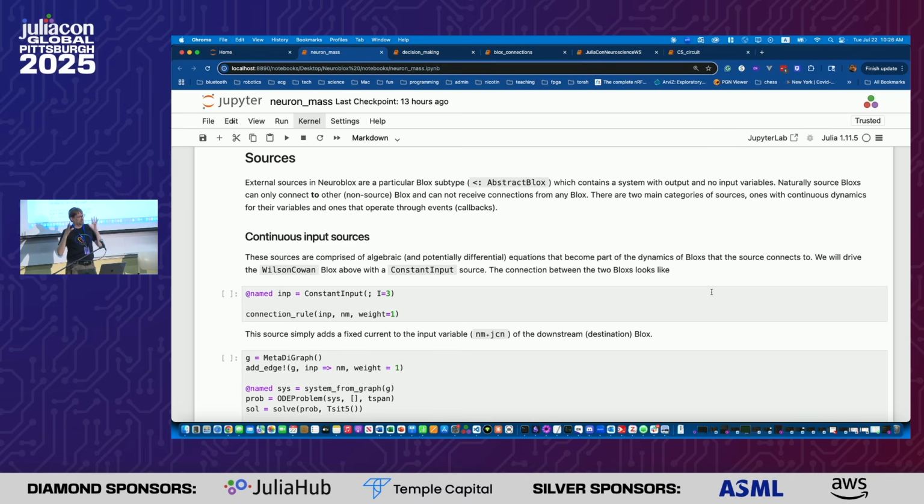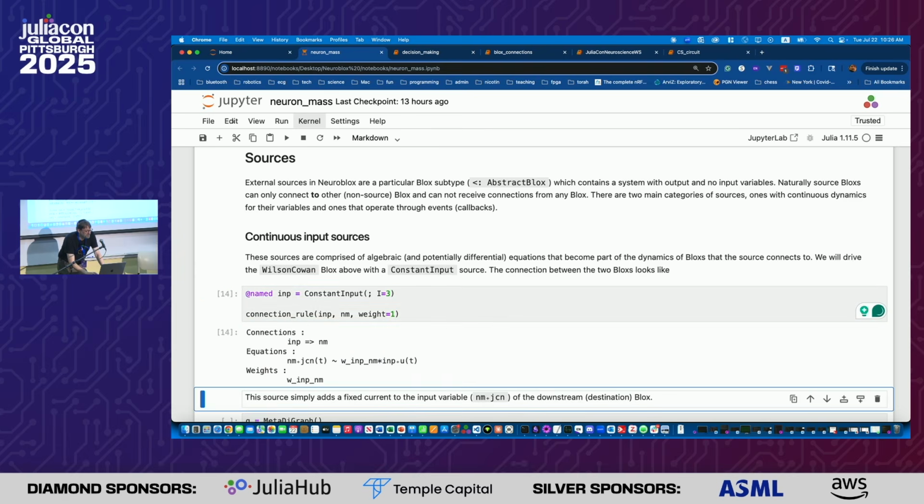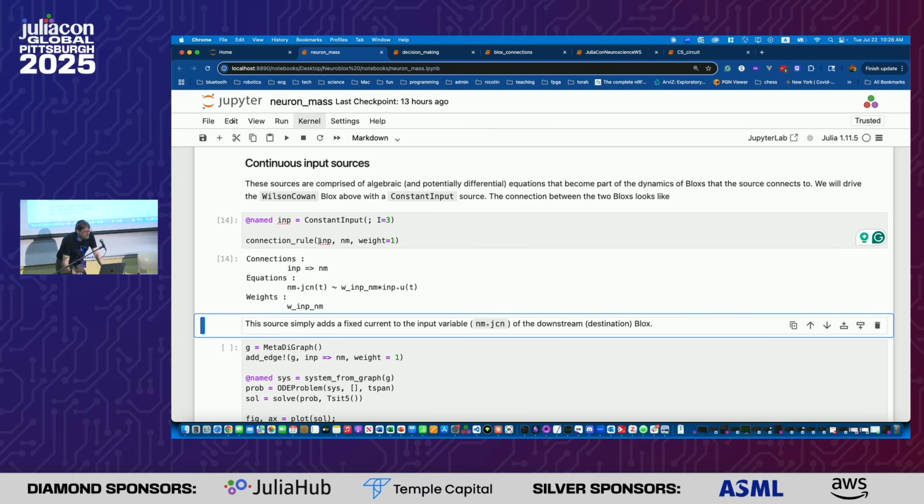That's a very complicated input source. But you can also just define something very simple as a constant input, right? So you can create a block, there's a constant input.